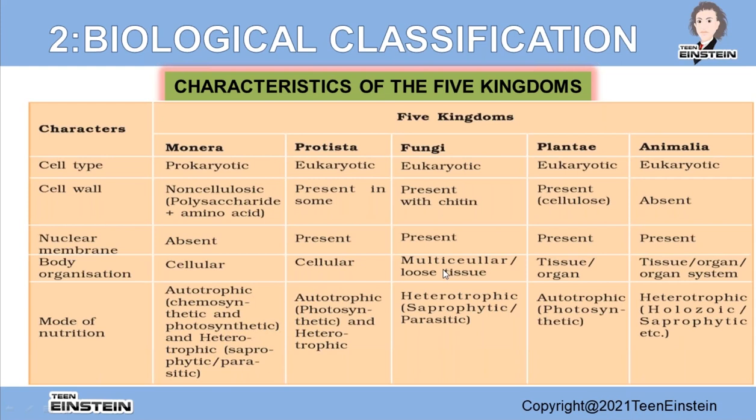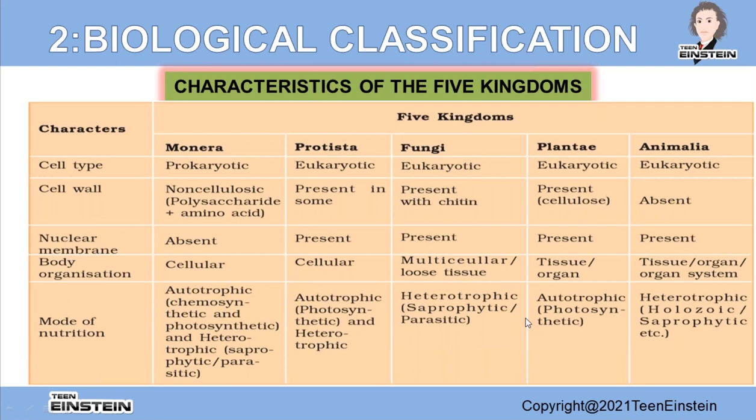In Monera and Protista, you can see a cellular level of organization. But when it comes to fungi, multicellular or loose tissues are present. From cellular it is going to multicellular or loose tissue level organization, which means the characters are getting more advanced in each kingdom.